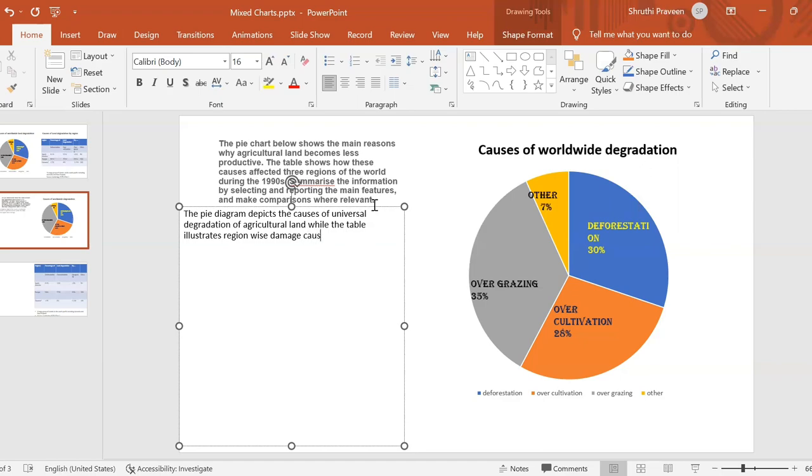Region-wise damage caused due to the same. Meaning the same reasons which caused the universal degradation of agricultural land, and the region-wise damage caused due to the same.